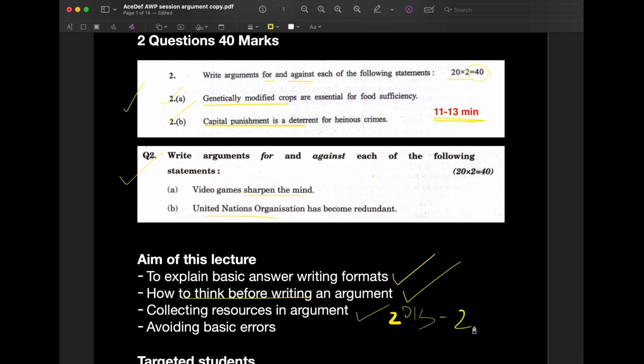First solve all the arguments from 2013 to 2023. Like this, video games sharpen the mind is a very similar topic to the 2017 question on Android apps, if I'm not wrong. If I'm recalling correctly, this is a very similar question to that. So first, these are 20 arguments. Solve these 20 arguments first, and within the evaluation scheme you will be given more topics for arguments.